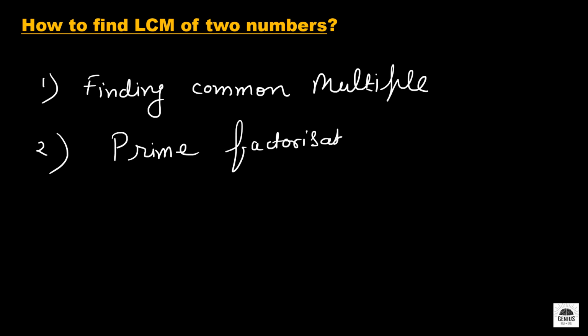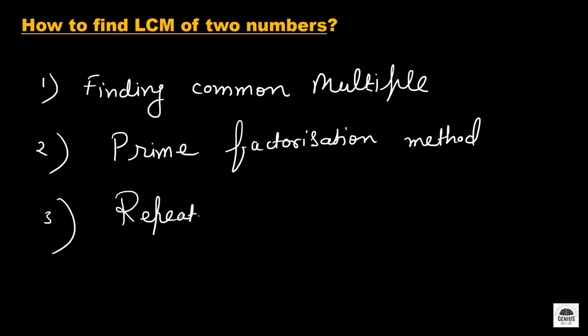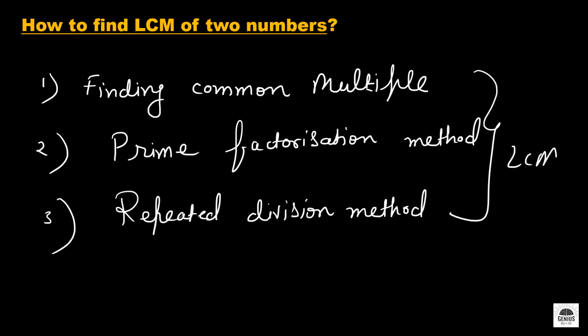And the third one is the repeated division method. By using these three methods, we can find the LCM of any numbers.